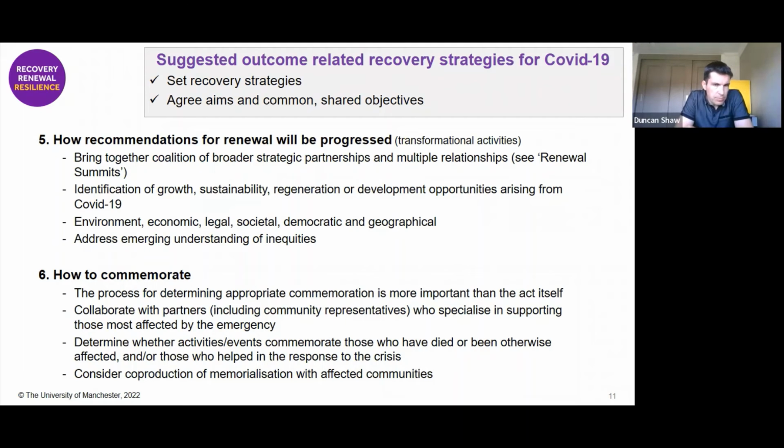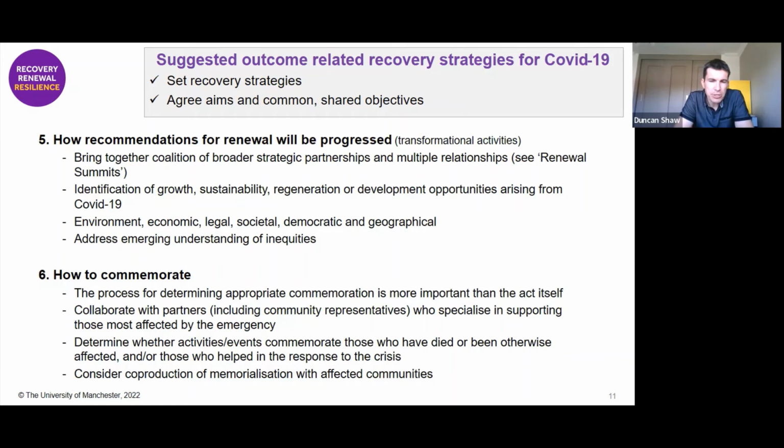And commemoration, as David said at the beginning, was incredibly important. Thinking about how can we commemorate, and as it says in the slide, the process of determining what is appropriate commemoration for all is just as important, if not more important, than the act of commemoration itself.